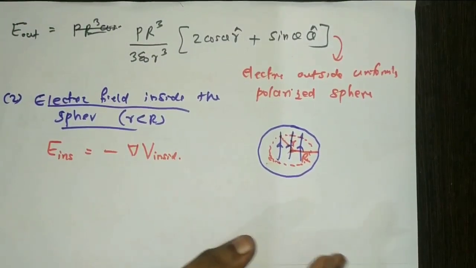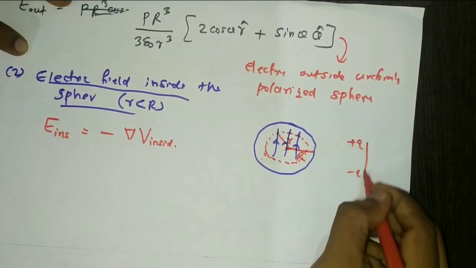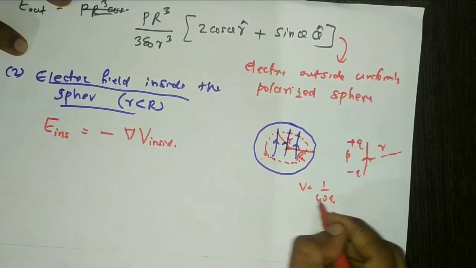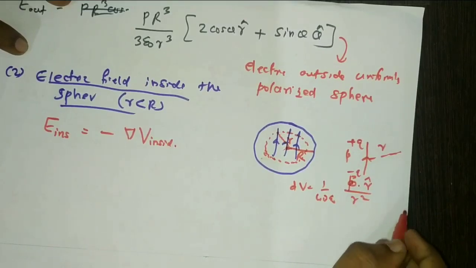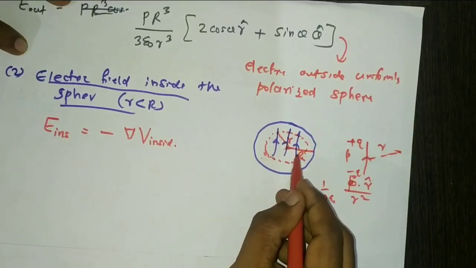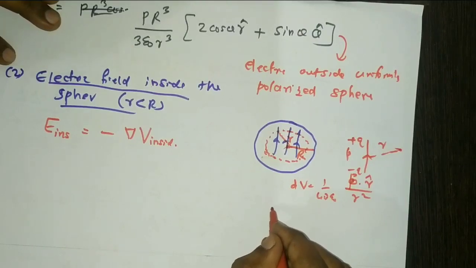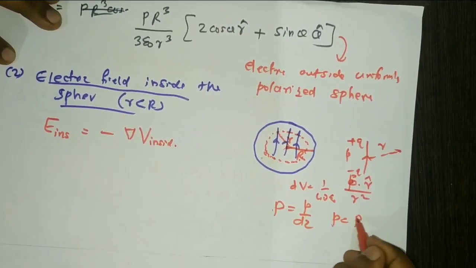As I mentioned, the potential due to a single dipole at a distance r, 1 by 4 pi epsilon 0, which is dV, can be written as p dot r cap divided by r square. Now this r is inside the sphere, r is less than R. In terms of the polarization vector, this p is P d tau, polarization capital P times d tau.